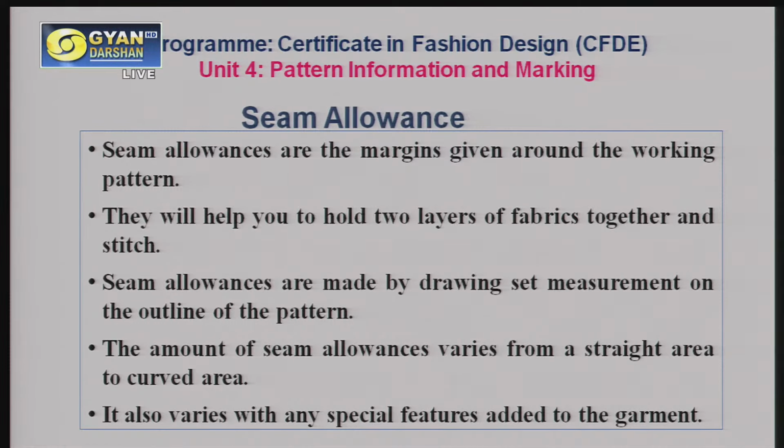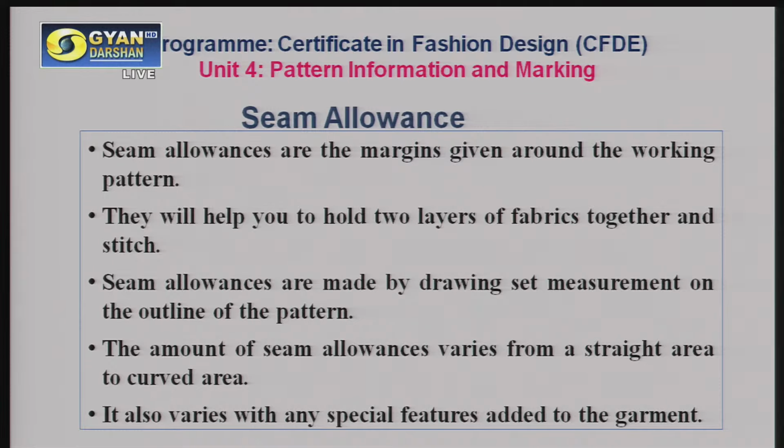This will help you to hold two layers of the fabric together and stitch. Seam allowances are made by drawing the set measurements on the outline of the pattern, and the amount of seam allowance varies from straight area to curve area.